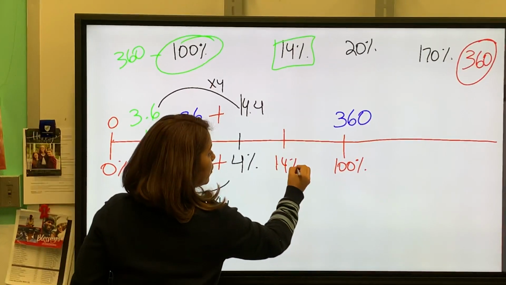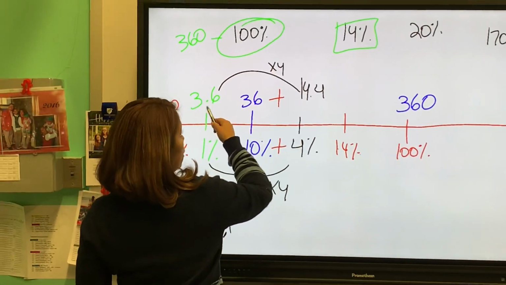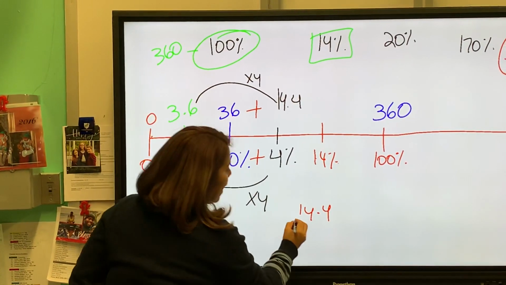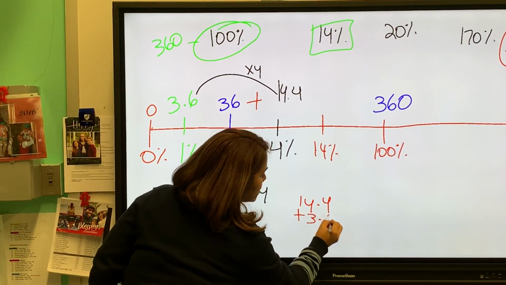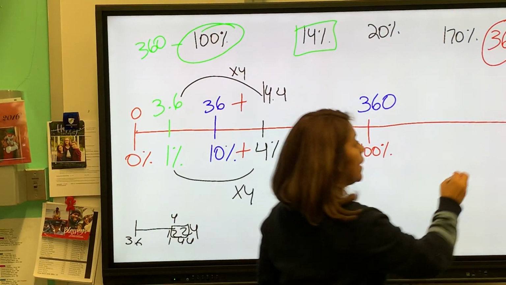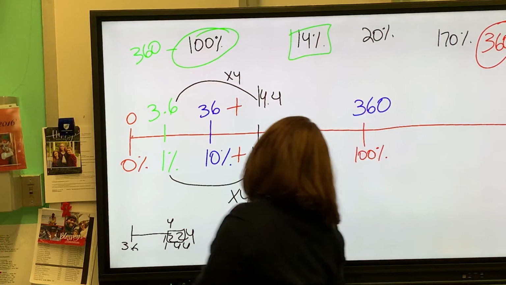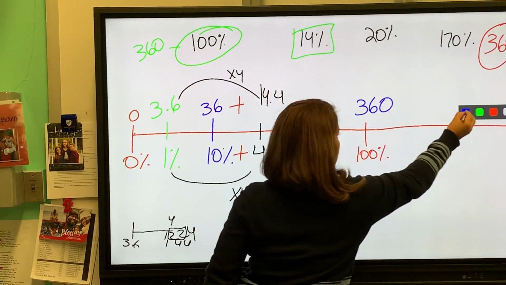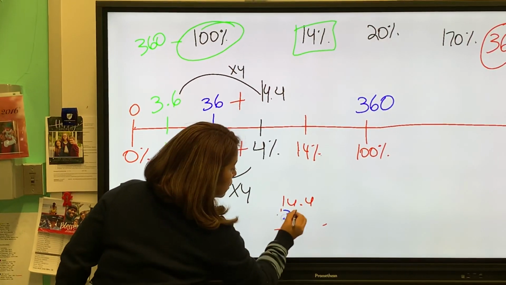So if I have 14% here, that means that my 14.4 plus my 36 will give me equal to, go ahead, don't stop.